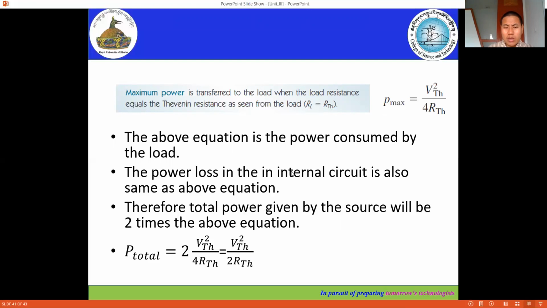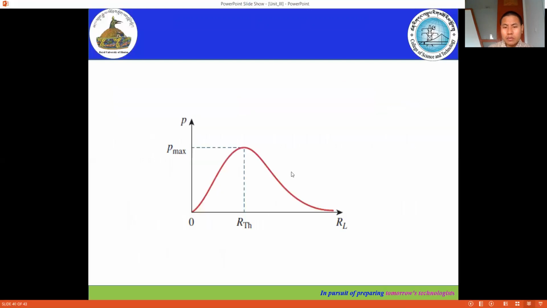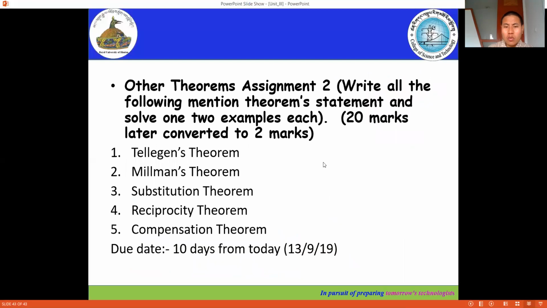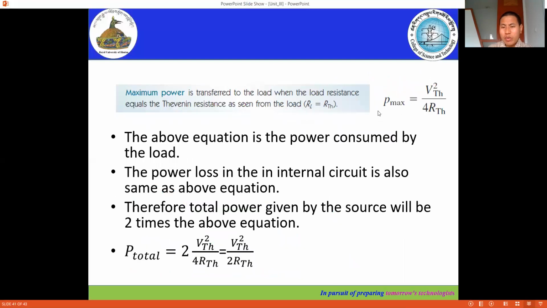Simply, we substitute VTH: when RTH is equal to RL, we can write 2 RL or 2 RTH, whole square. If we simplify this, multiplied with RL, we get P max is equal to VTH squared divided by 4 RTH.